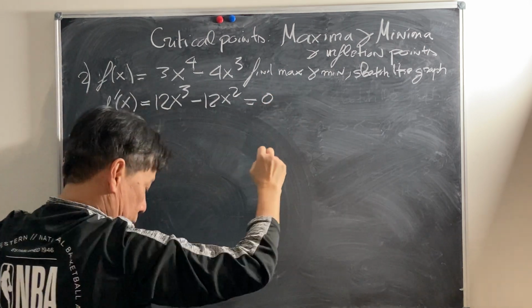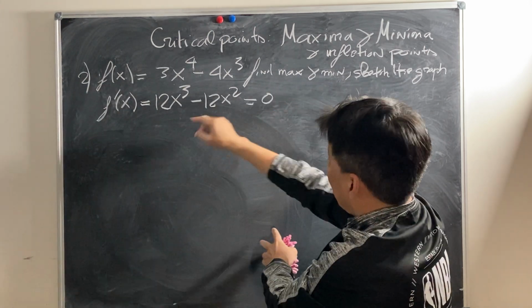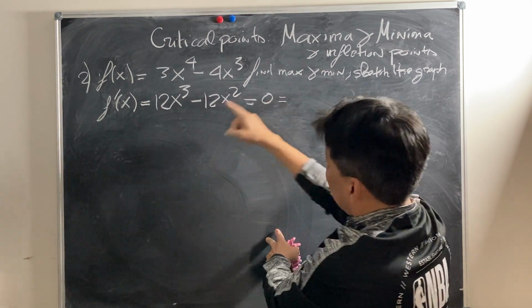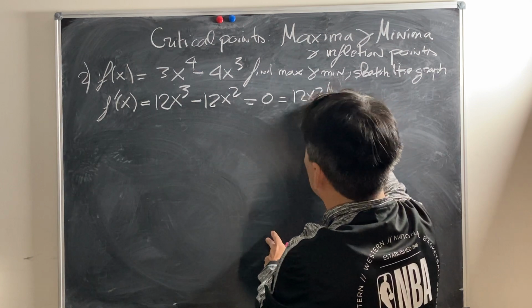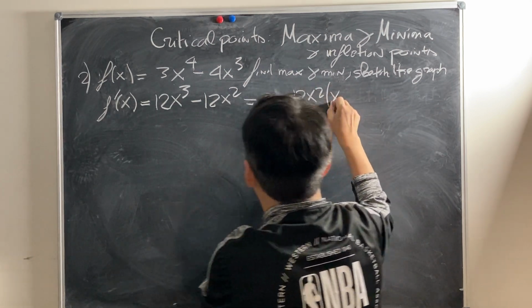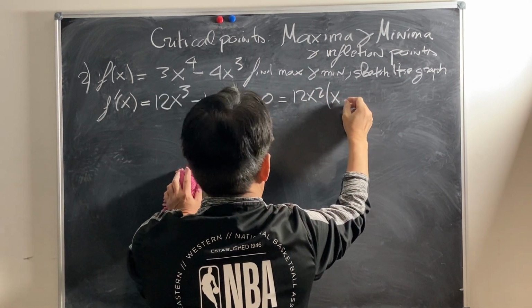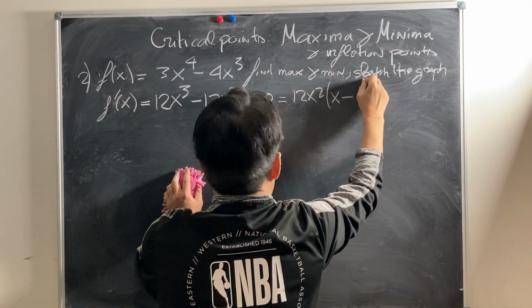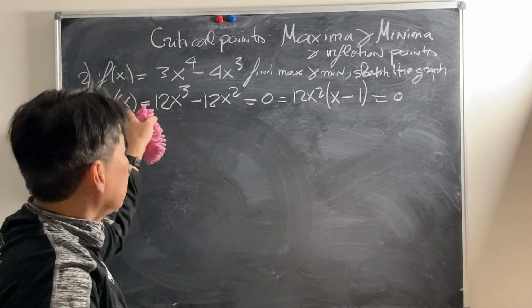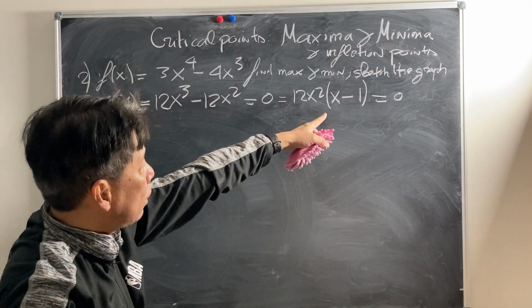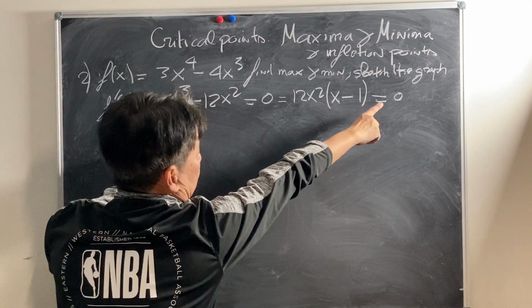Okay, so here if you factor 12x squared out, then you get x minus 1 equals 0. Okay, so f prime of x will be equal to 12x squared times (x minus 1). So this one equals 0.